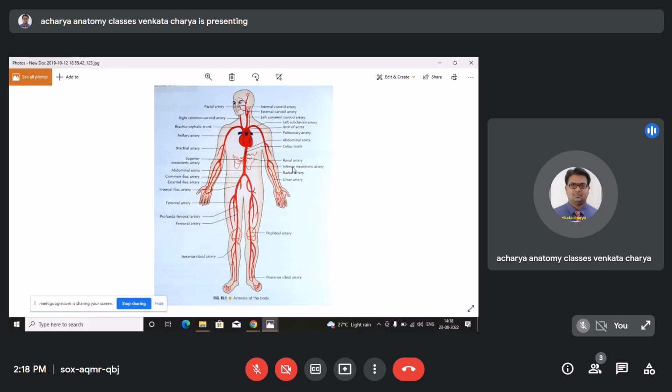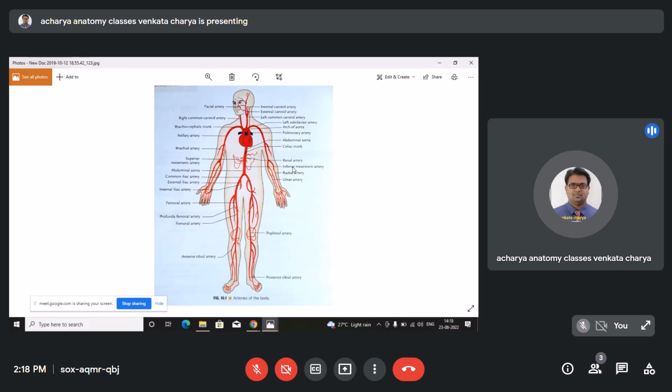Here the deoxygenated blood becomes oxygenated with the help of, see here, these are the umbilical arteries. Now see here, the red color one is the umbilical vein. Deoxygenated blood becomes oxygenated blood with the help of the umbilical vein.